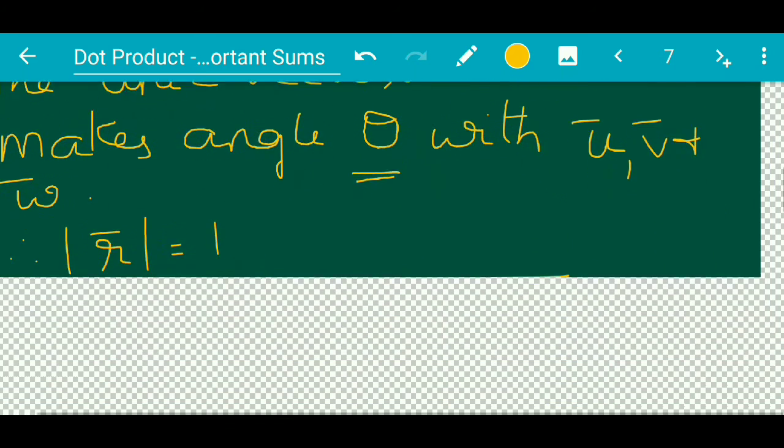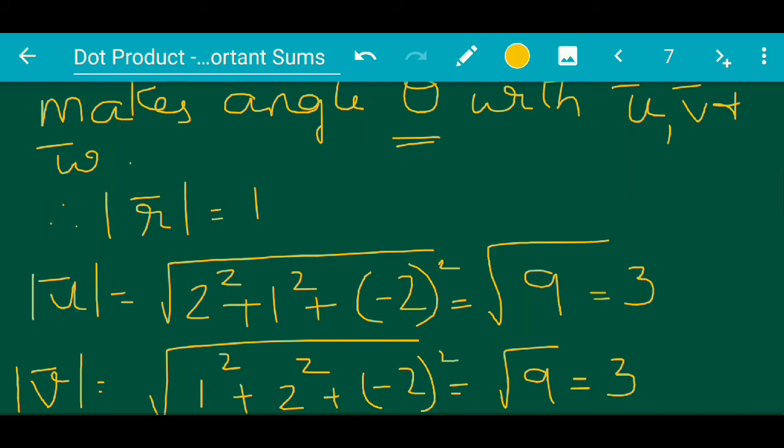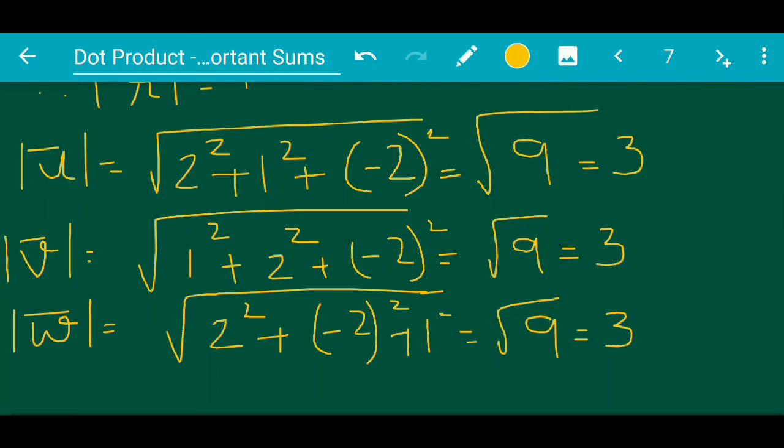Now since r is a unit vector, we have mod r is equal to 1, and also we find the magnitude of u, v and w. Say mod u, from the value of u bar, which is 2i plus j minus 2k, mod u comes out as root of 2 square plus 1 square plus minus 2 square, which is root 9, and that becomes 3.